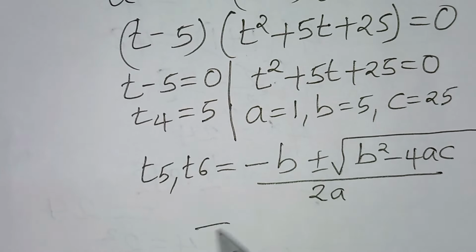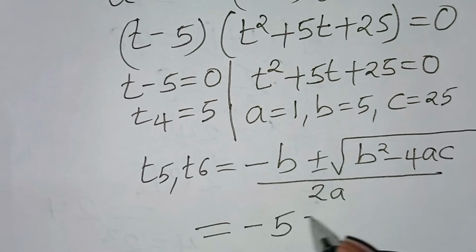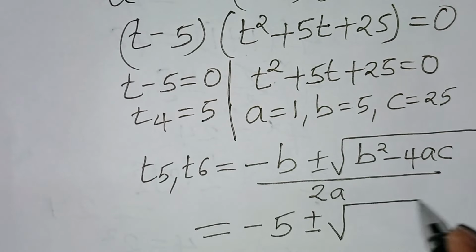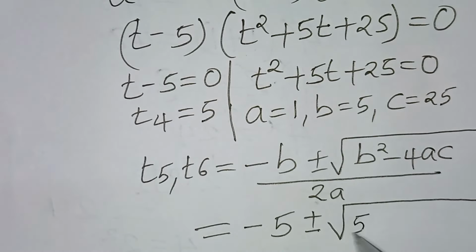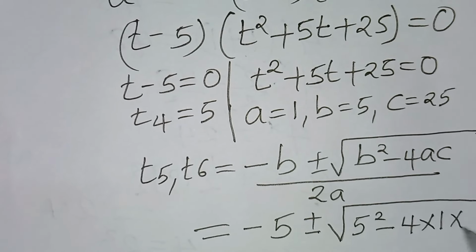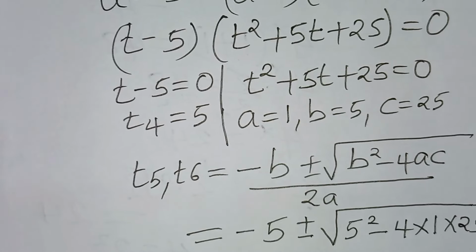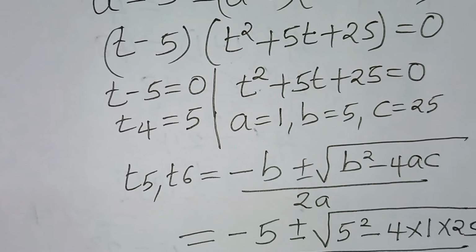The next step here, let's substitute the values of a, b, and c. So we'll have minus 5 plus or minus the square root of b squared, that is 5 squared, subtract 4 times a, which is 1, times c, which is 25, all this divided by 2 times 1.